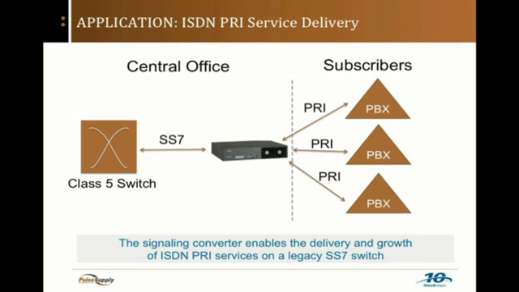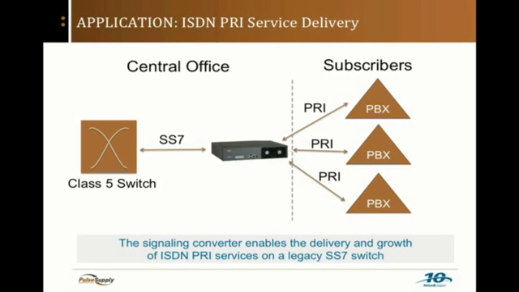Here's another example which is slightly different, where in this example I show how a signaling converter can allow you to provide ISDN PRI services off of an SS7 switch. On many older switches, and possibly this happens a little bit more in the USA than elsewhere in the world, the older class 5 switches may be difficult to scale, and to add the hardware resources required to deliver more ISDN PRI services.